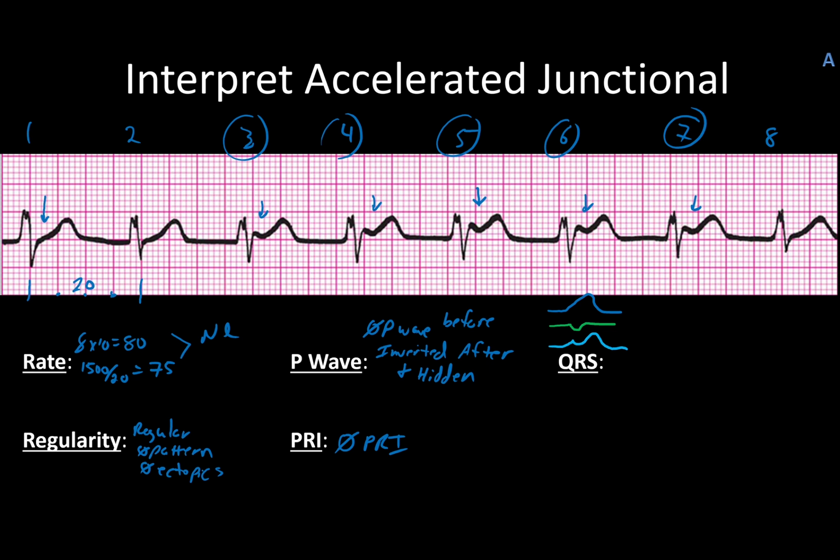As for the QRS, they are uniform. We have the R prime S pattern, and that's consistent across there. As for my width, we'll measure this one here actually, because that S wave ends on a solid line and we started right here. That's 3 small boxes.